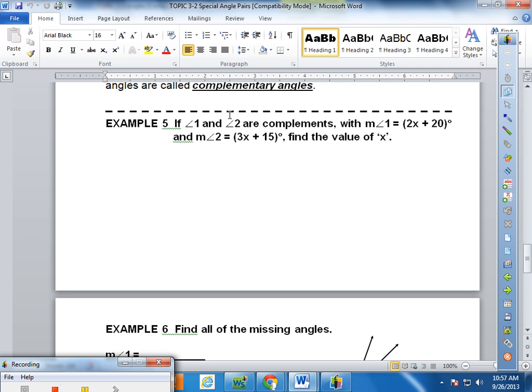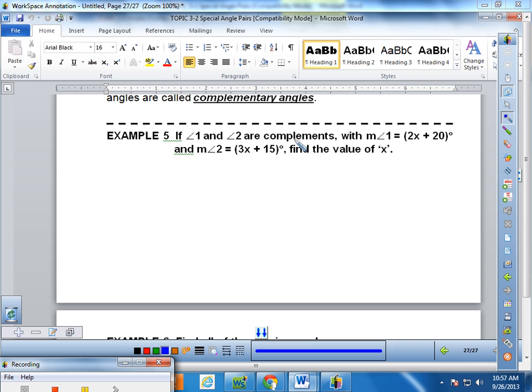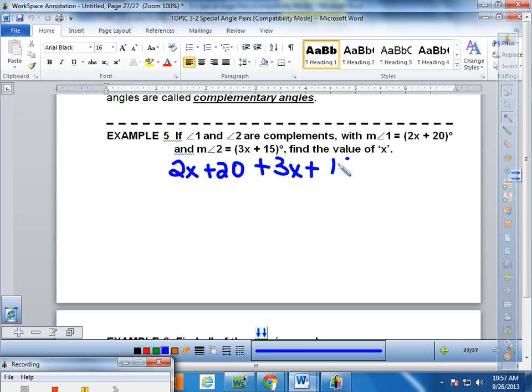If angle 1 and angle 2 are complements, okay, that means they add up to 90 degrees. With the measure of angle 1 being 2x plus 20, and the measure of angle 2 being 3x plus 15, find the value of x. This is an algebra problem. So you're going to add them together and they're going to equal 90. 2x plus 20 plus 3x plus 15 equals 90.